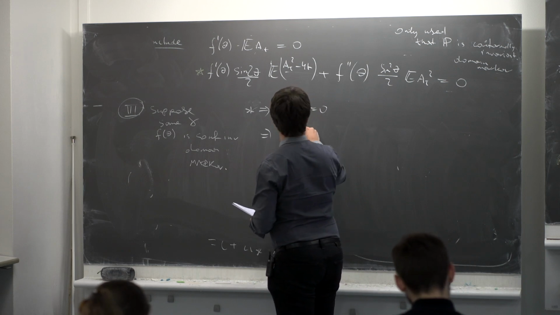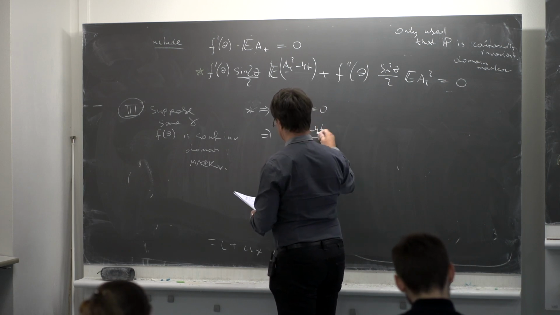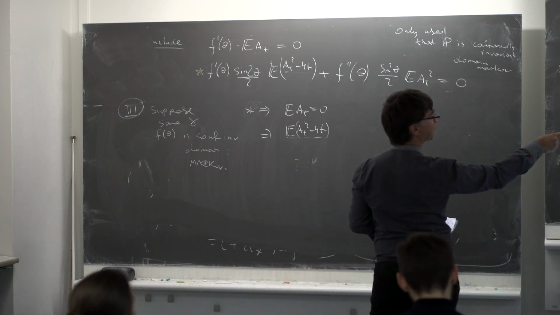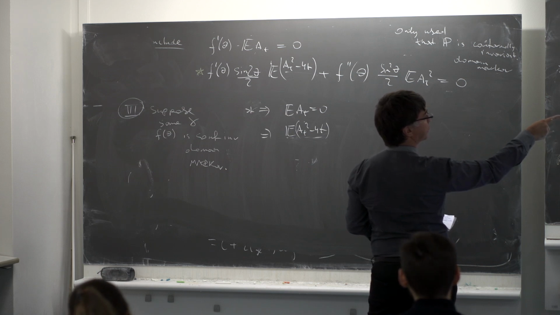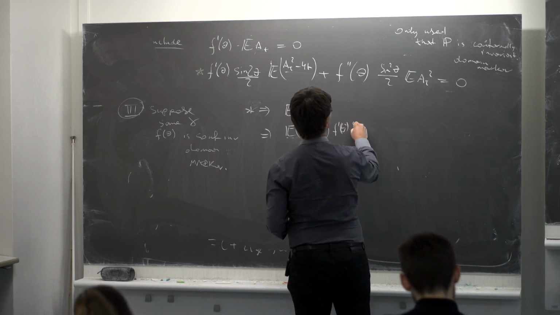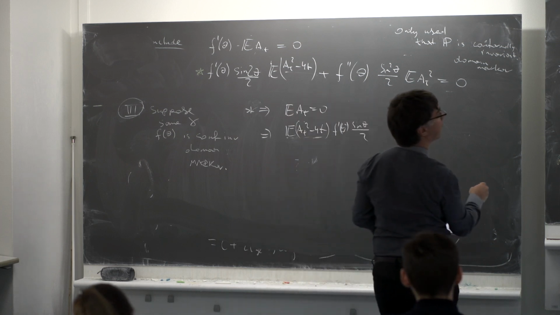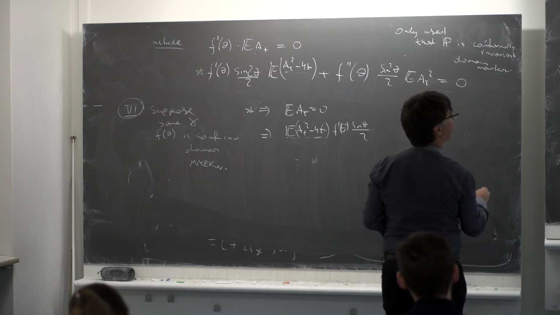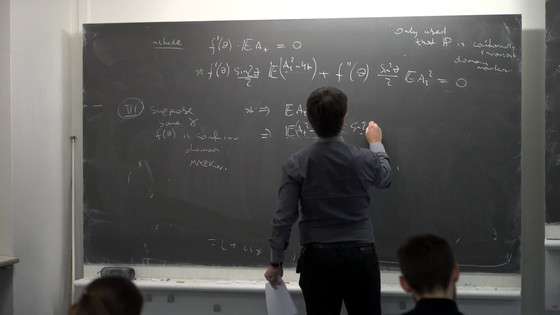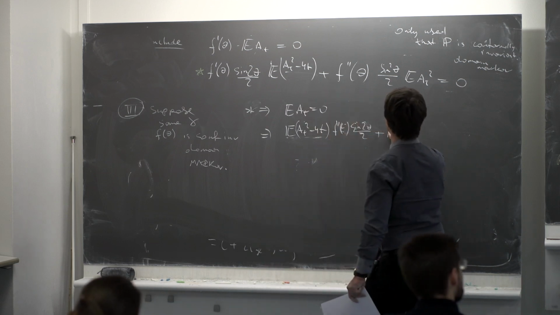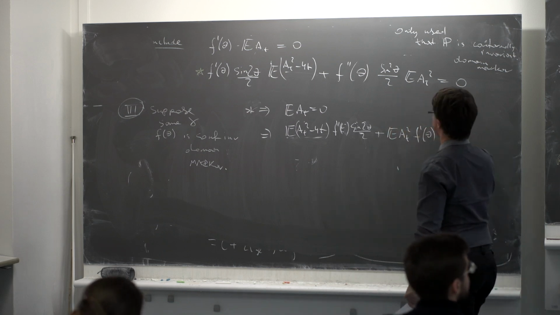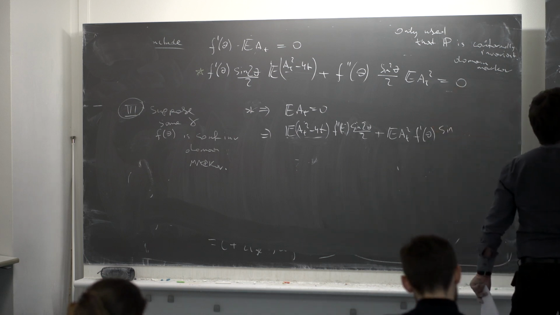But it will also mean that the expectation of AT squared minus 4t, so what was that? This times, where did I have it? Times f prime prime theta sine twice theta over 2, plus the expectation of AT squared f prime theta sine.